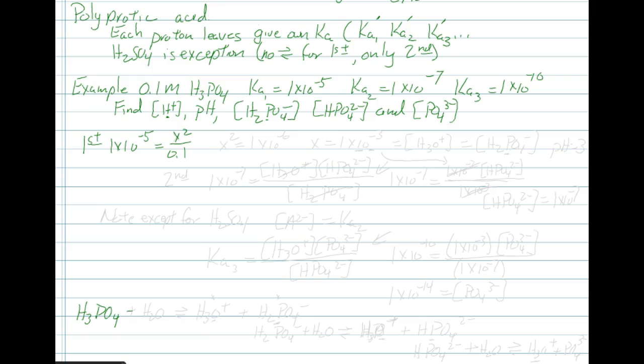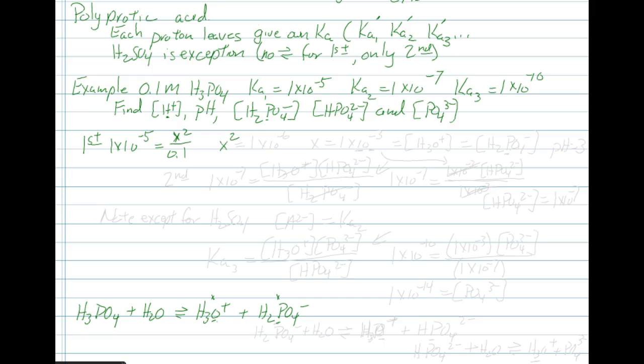H3PO4 plus H2O liquid gives H3O plus and H2PO4 1-. This is x and this is x. So in this equation up here, the x squared is both the hydronium and the dihydrogen phosphate ions.